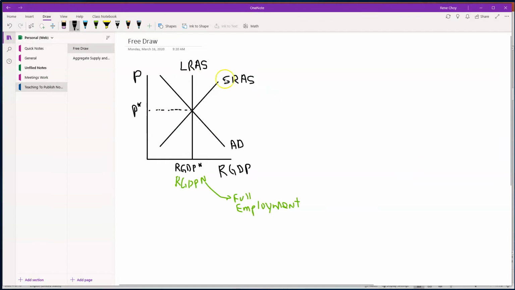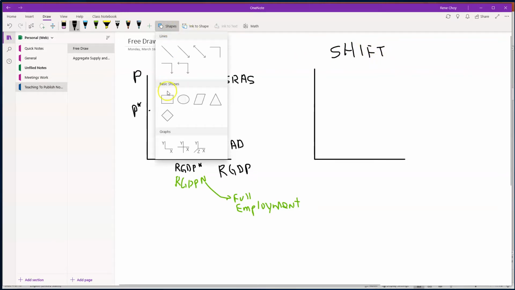Alright, so again, a shift is something that makes a line move right or left. Now, shifts happen due to a change in variables.